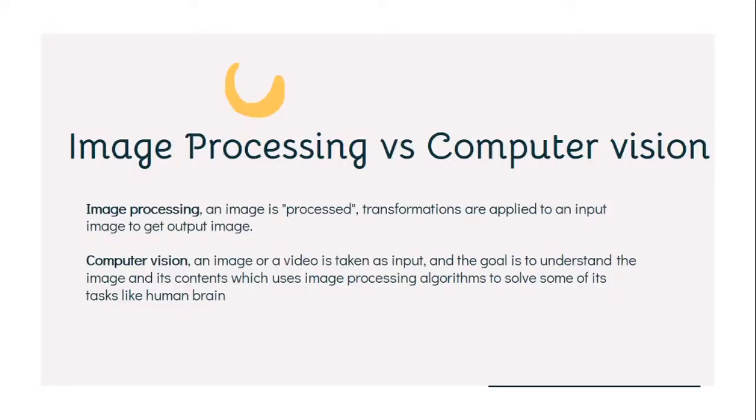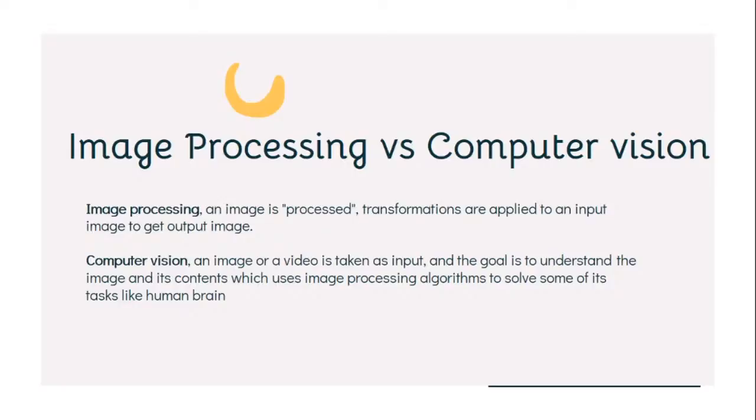So we'll proceed. First of all, image processing versus computer vision. If you take normal image processing, the input image will be processed to obtain an output image. For example, if there is a noisy image, I need to apply some kind of filter to the image to get a proper output image.